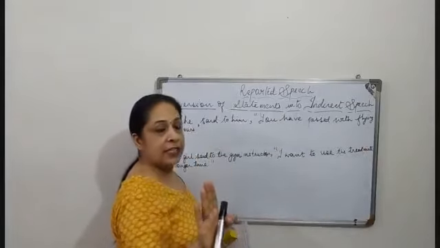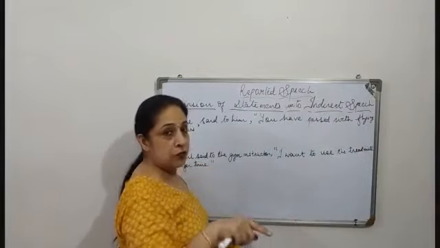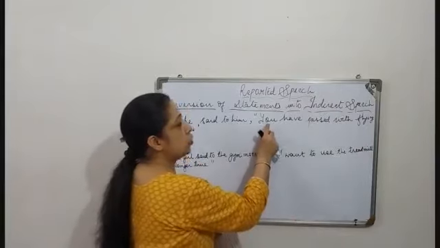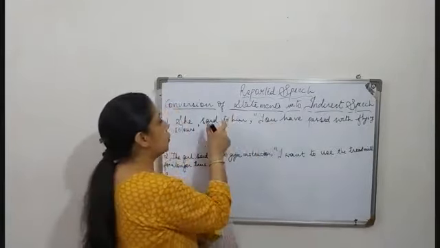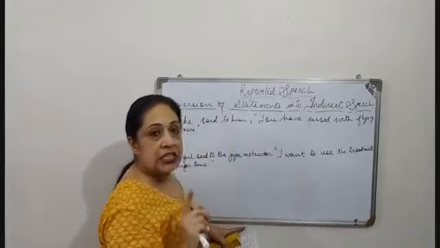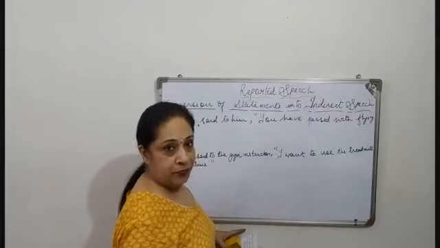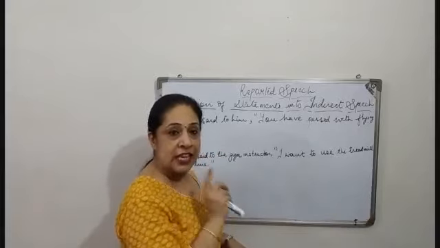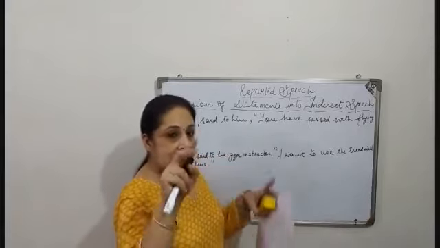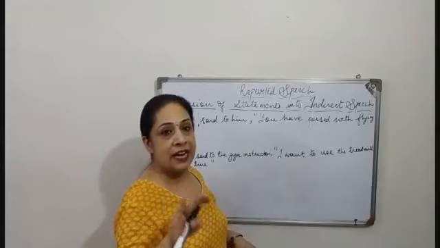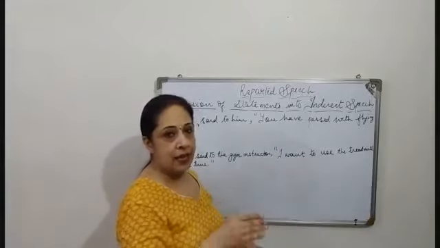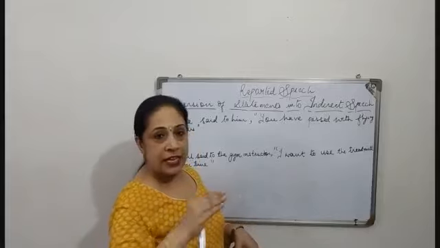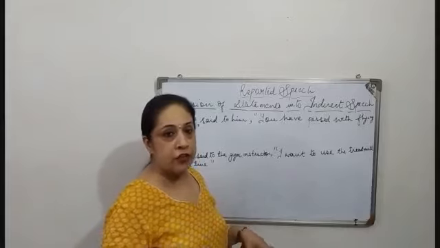Now for explaining, I'll remind you, if you have seen my previous parts, you should know that this is second person. You should know that said to is converted to told. Said remains said, says remains says, and if it is says, then the tense inside the inverted commas remains the same, that is the present tense. If it is will say, then the tense remains the same, it will not change.